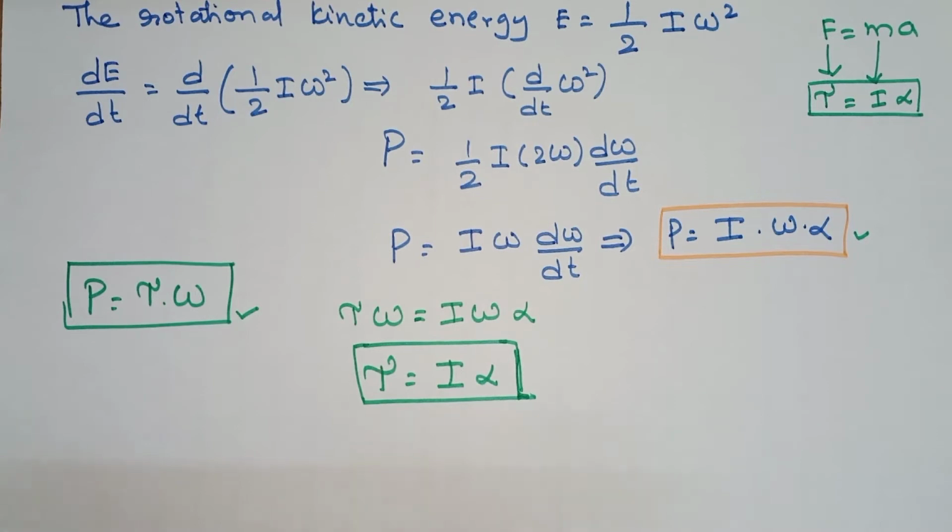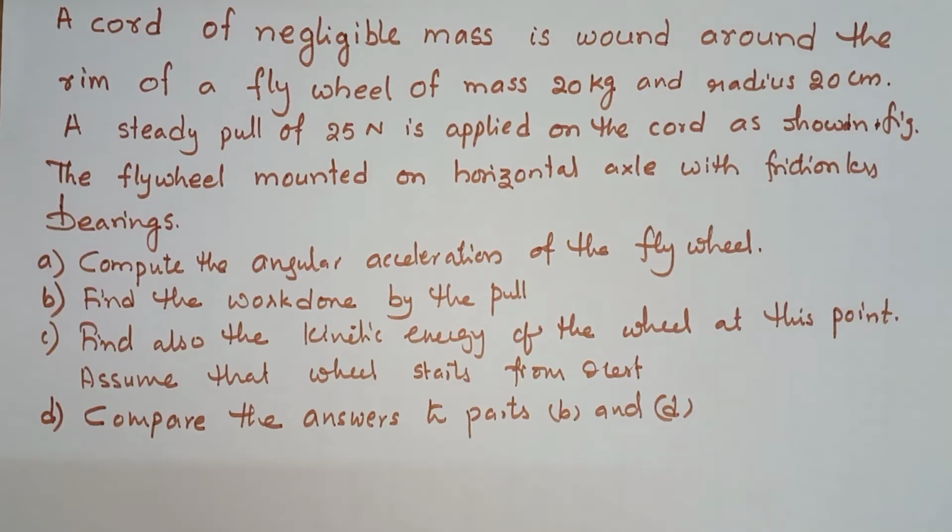Now we shall solve some simple problems regarding that. Then we will come to an understanding of how to calculate the work done and torque. See, this is a simple example problem involving moment of inertia, calculating work done and kinetic energy.